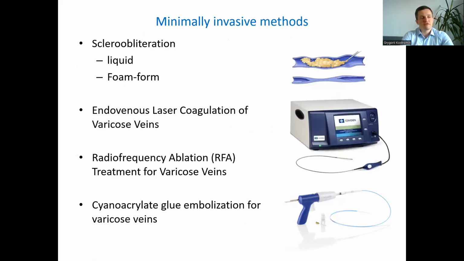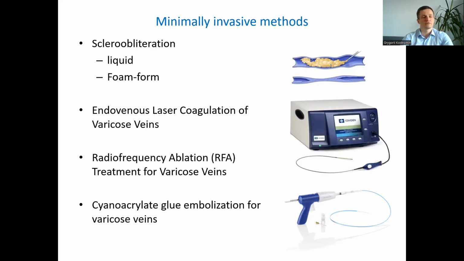Minimally invasive methods are the most used methods nowadays. Sclerobliteration: doctors inject a special medical acid into the vein, and then the vein is closed. Endovenous laser coagulation is a method where laser irradiation is used for obliteration of the vein.